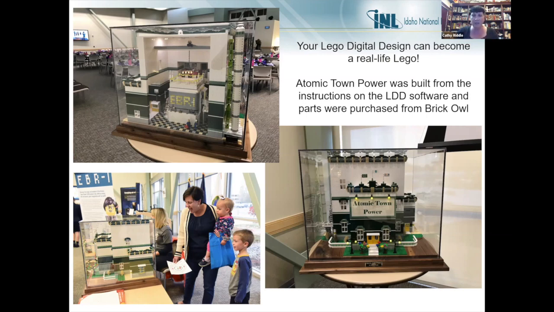So Atomic Town Spaceport and rockets to Mars, and you can build nuclear propulsion for them, which we do right now, our space battery program. Maybe you want a nuclear powered sub. So maybe Atomic Town has an Atomic Town submarine base. There's all kinds of things you can do with your imagination, and maybe you want to add on to Atomic Town. So we've got the power to light it. We just need the rest of the town.